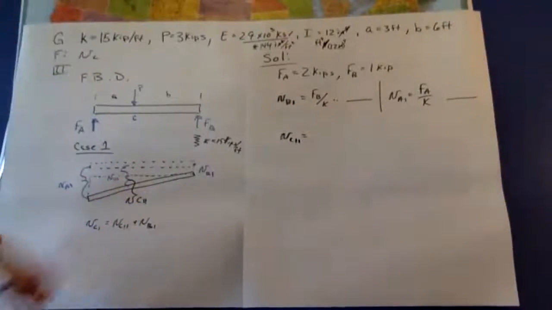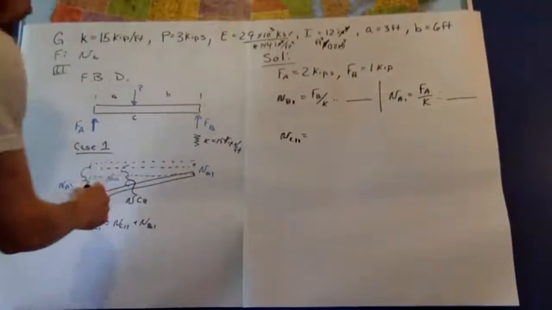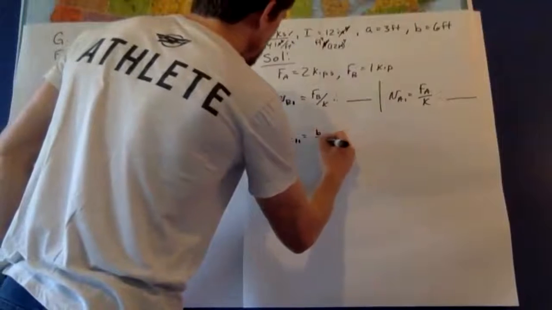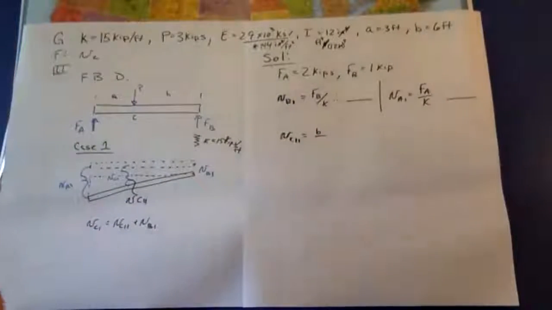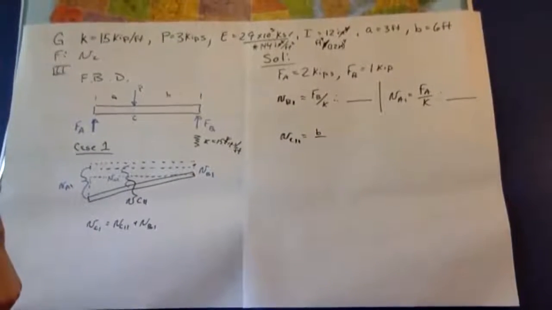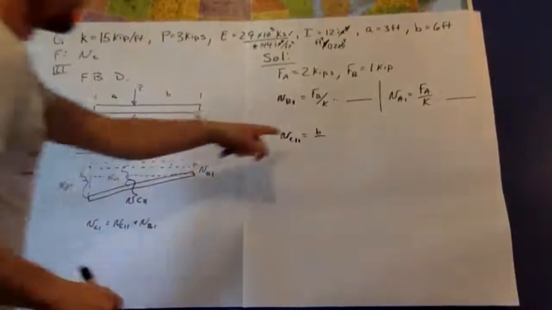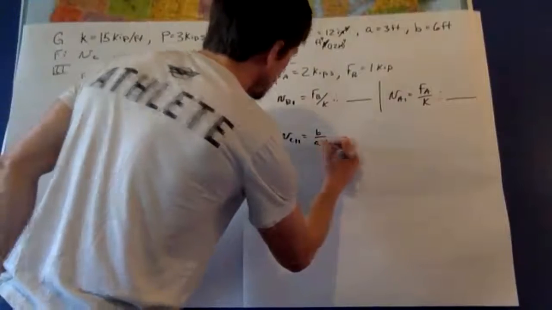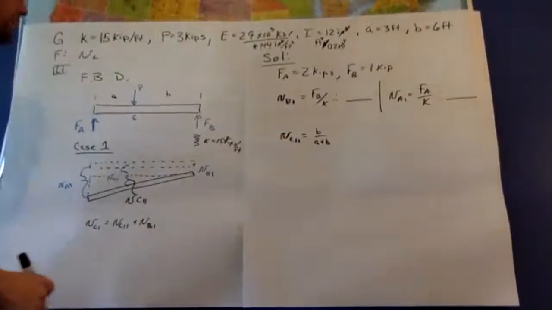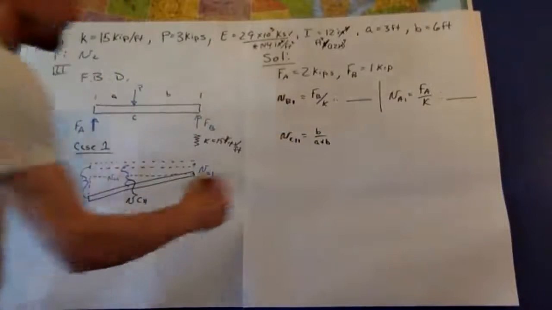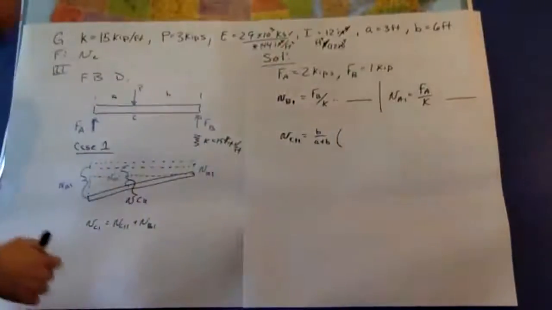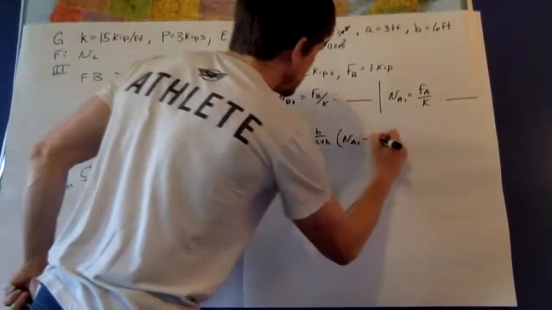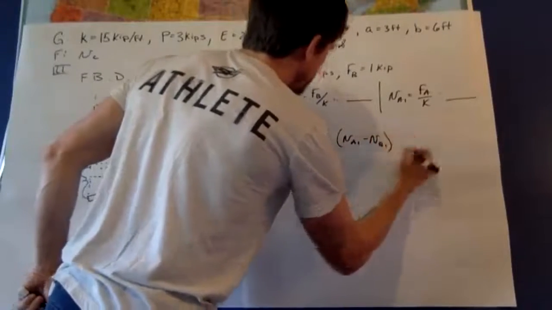And that's just a similar triangle. Hold on, that's my music for some reason. We have B over A plus B, or 2/3, times VA1 minus VB1.